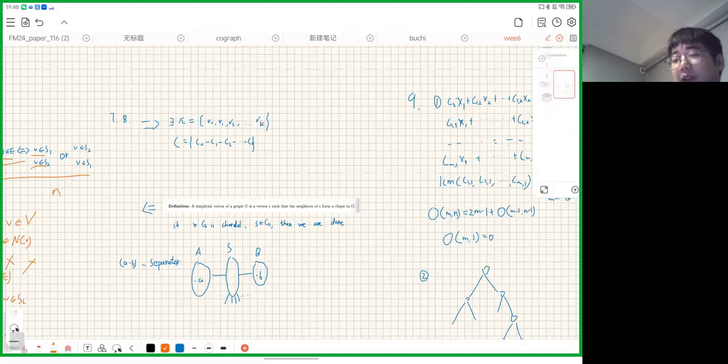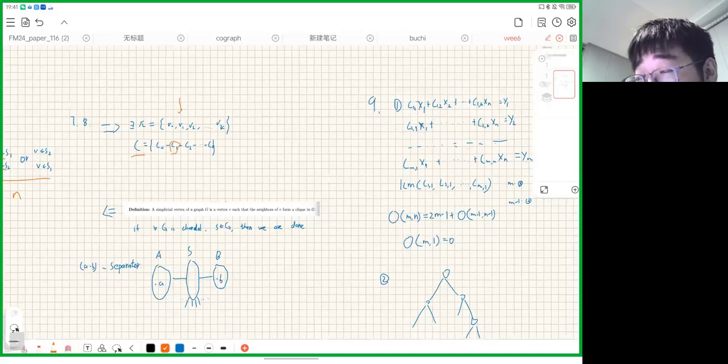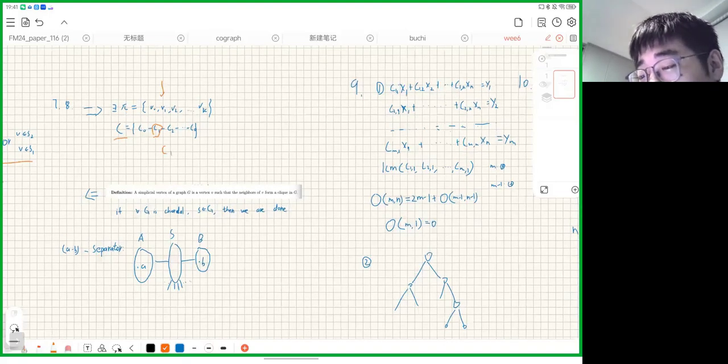Suppose there exists some perfect elimination like this, v0 to vk, and then we have a cycle with no chord inside it. So the cycle is like C0, C1, C2, and so on, back to C0. Then let's check which vertex of the cycle appears first in this elimination. Let's say it's C1. Then what's the adjacent set of C1? The right adjacent set of C1 will contain at least C0 and C2, right?